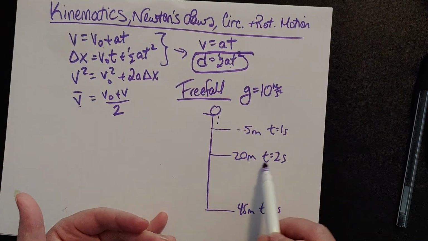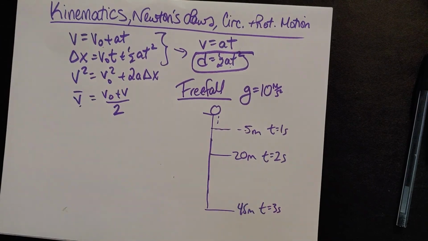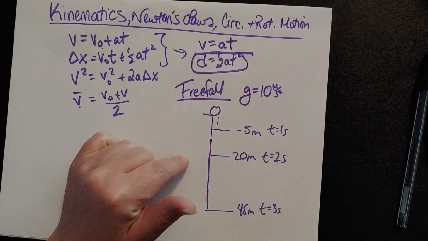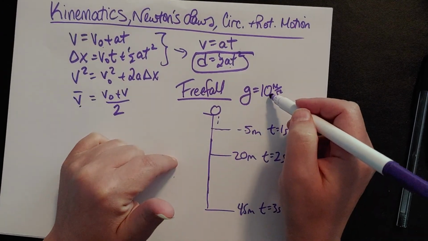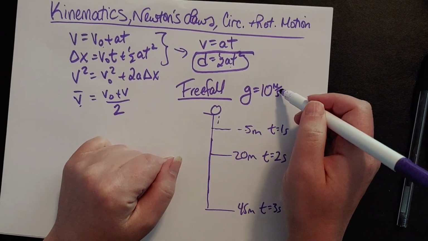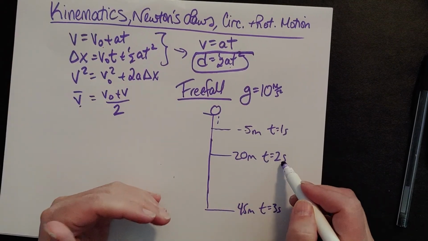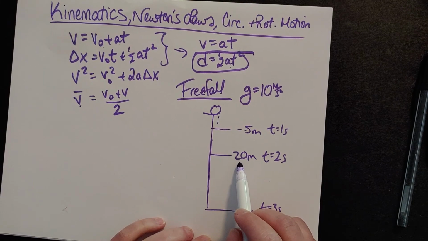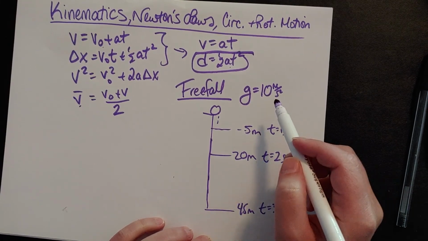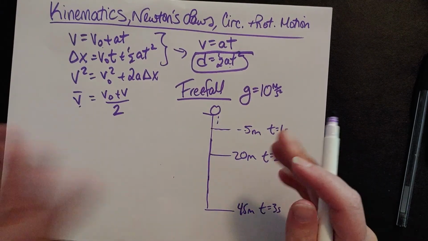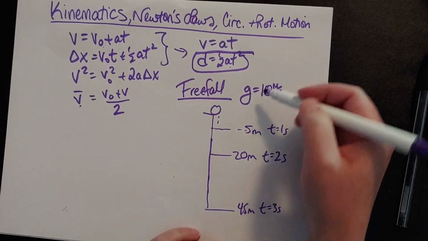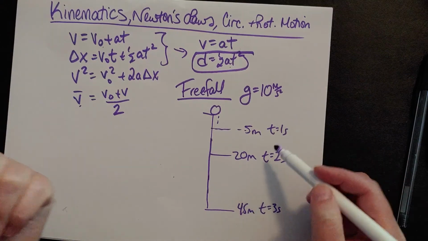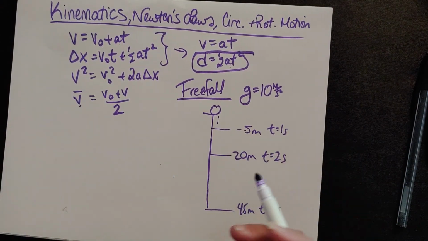I saw one of the questions they asked gave you a g of 5 meters per second squared and asked you how far it fell after 2 seconds. But the point is that if you do this enough, those numbers will actually be in your head.